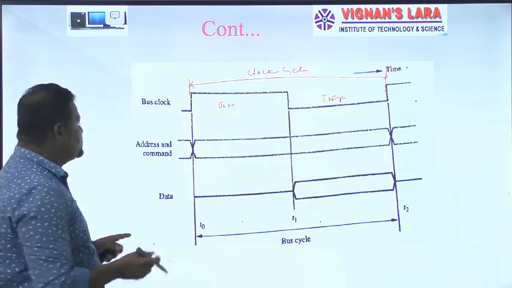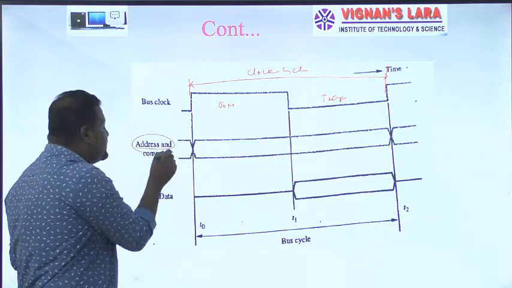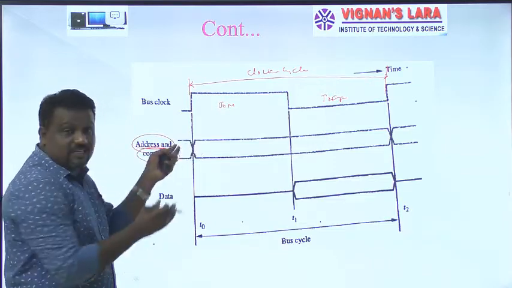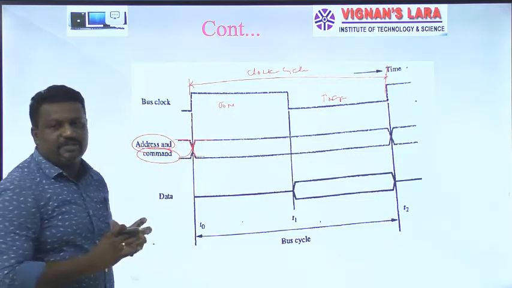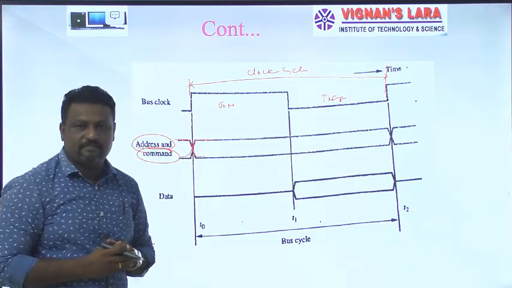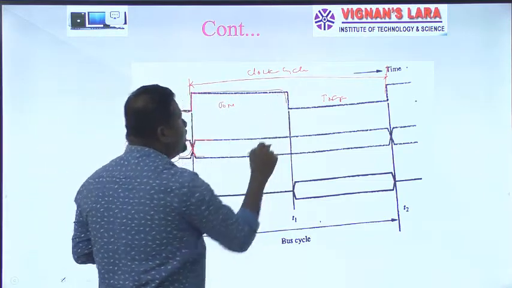See here, guys, at this instant I am going to send two different types of information over this bus. That's why it is represented as multiple bus lines. This is a representation of multiple signals. In the previous case, this was only the bus clock, so I represented only one signal.